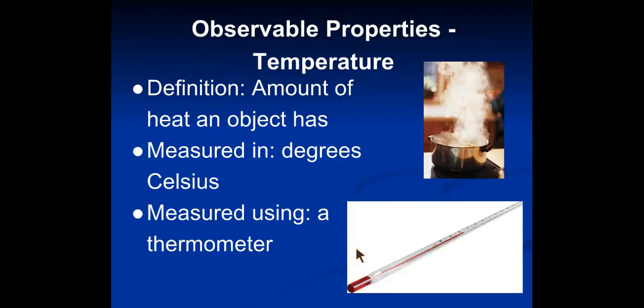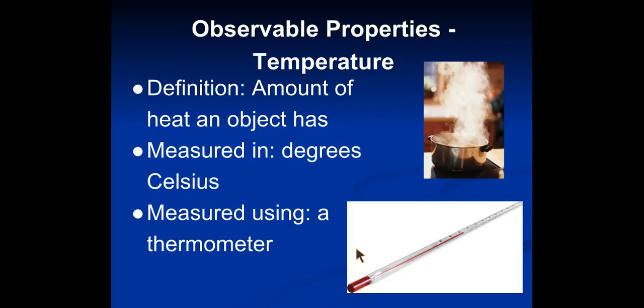Next one is one we have seen before. We are going to look at the property of temperature. Temperature is the amount of heat an object has. Something on the stove has a higher temperature than something in the freezer. This is because the object has more heat in it when it is on the stove.